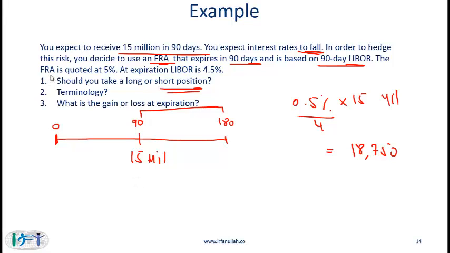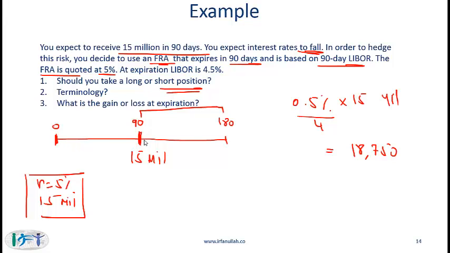So you get into a forward rate agreement which is quoted at 5%, which means that here at time 0 you lock in the rate of 5%. The notional principal obviously is 15 million given this data. The FRA expires over here, so that will also be specified in the contract that the FRA expires at this point in time.